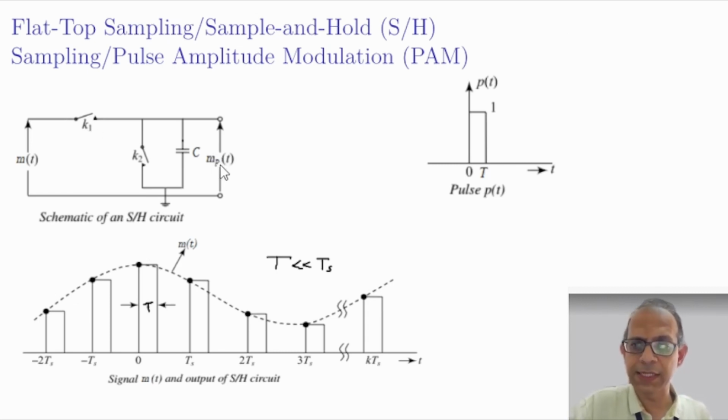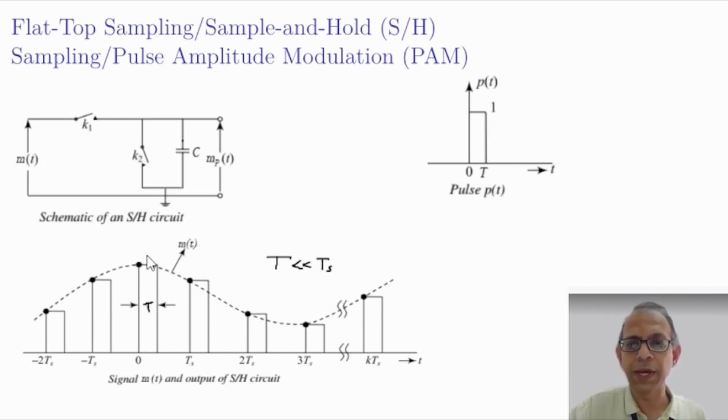Initially, the capacitor is discharged. Then at a given time instant, say t equal to 0, switch K1 is closed momentarily while K2 remains open so that the capacitor charges to a value equal to the message signal's amplitude at that instant t equal to 0.